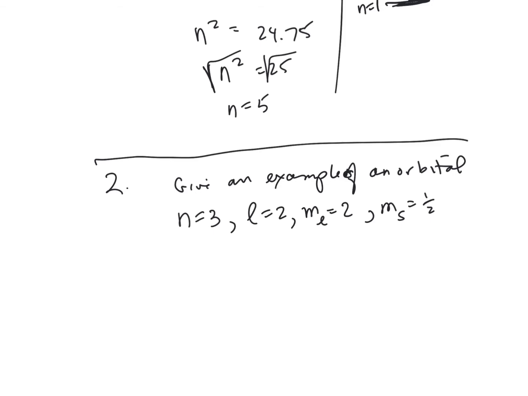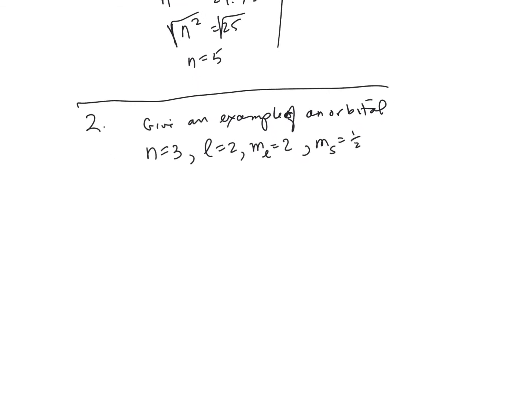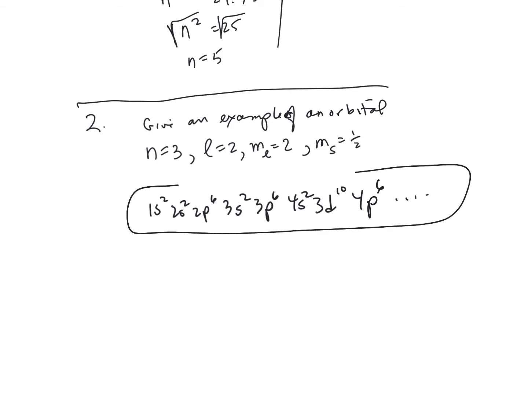Anyway, let's see, an example of an orbital. You want to know that the electron configuration is going to be 1s2, 2s2, 2p6, 3s2, 3p6, 4s2, 3d10, 4p6, etc. I don't know exactly where we stop for this particular example, but you need to keep that in mind.